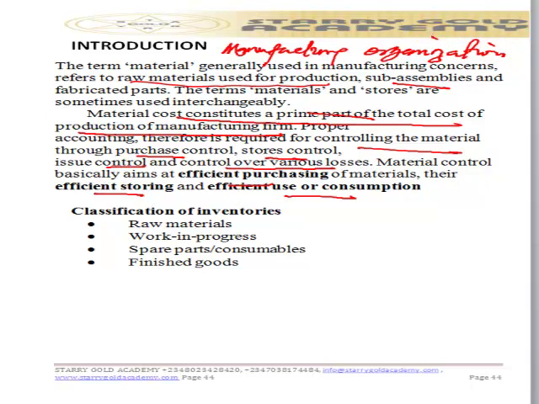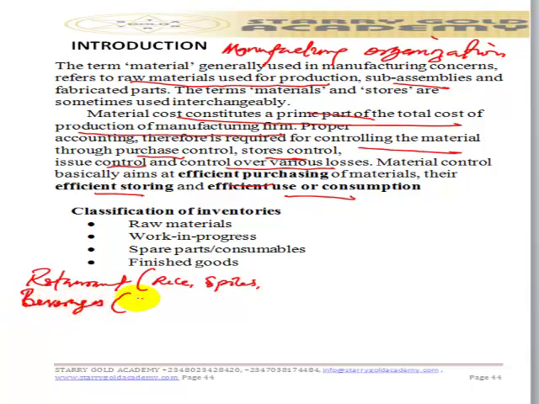component of their cost. To a restaurant, they need to be able to monitor the materials such as the rice, the various spices, and other ingredients. To organizations engaged in beverage, they need to monitor their sugar, their milk, their cocoa, and what have you.